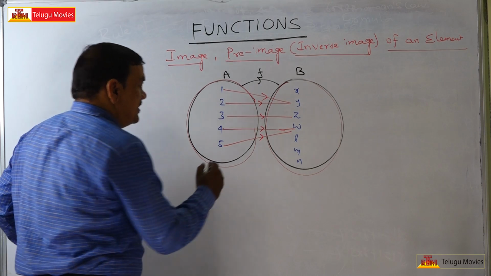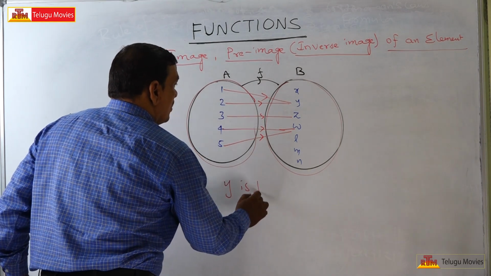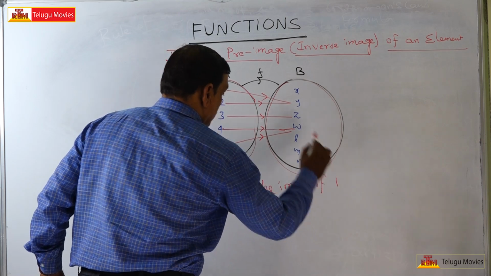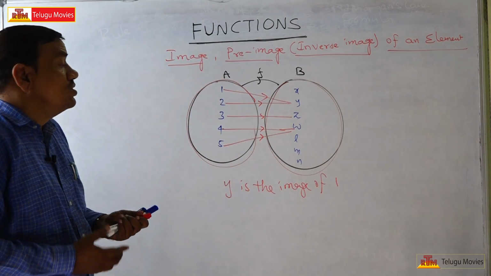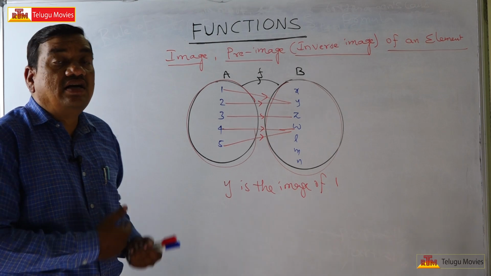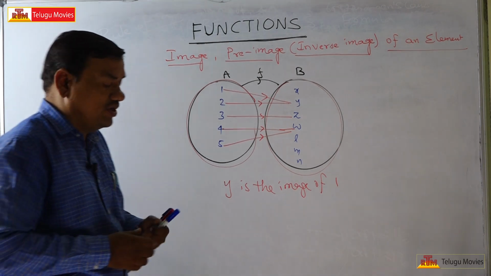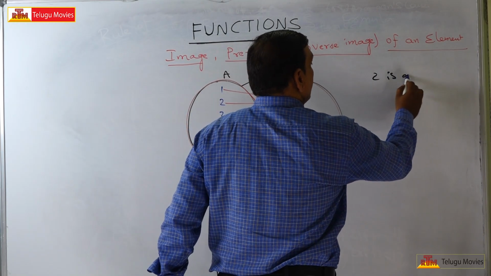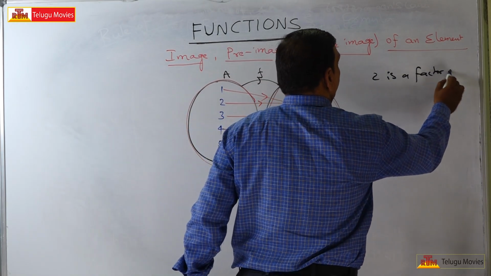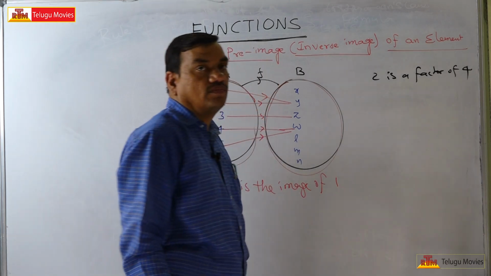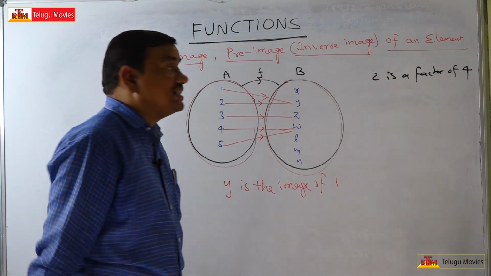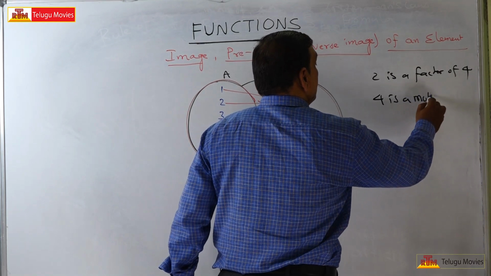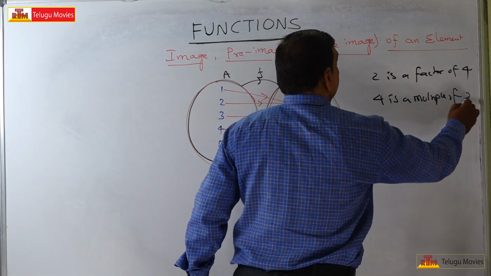Understand? So y is the image of 1. If you want to read in a reverse way, for example in our number system, 2 is a factor of 4. You read it in a reverse way: 4 is a multiple of 2.